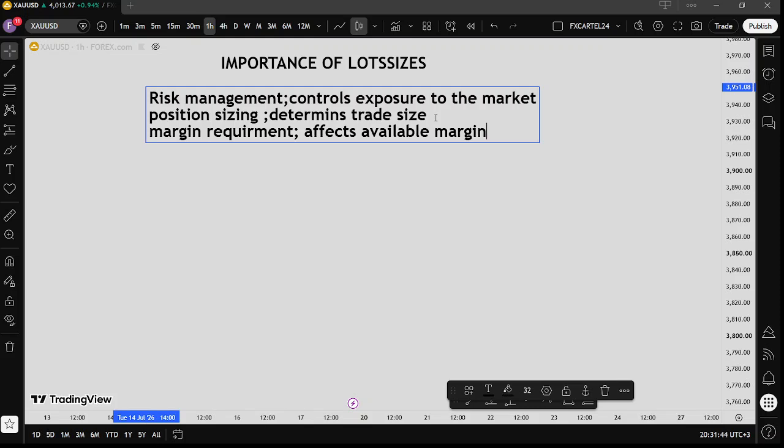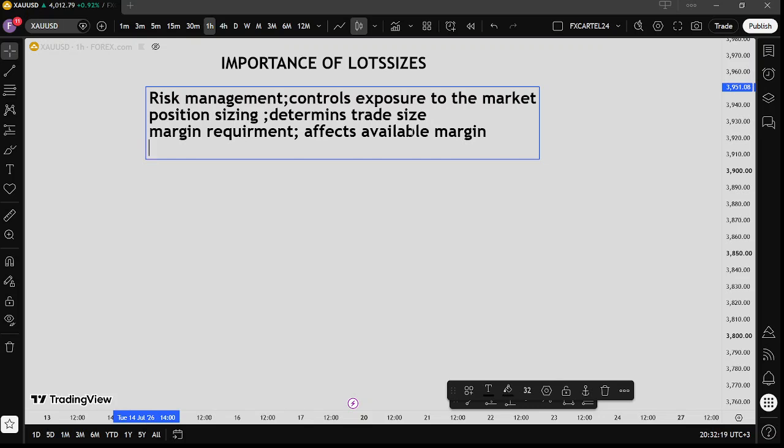The answer for you to get it, they move hand in hand. So you can't talk about God minus talking about Jesus. Yeah, they move hand in hand. So we are going to learn about margin in a few. What is margin? We are going to learn in a few. Then you come back to this example for you to get a definition of required margin.